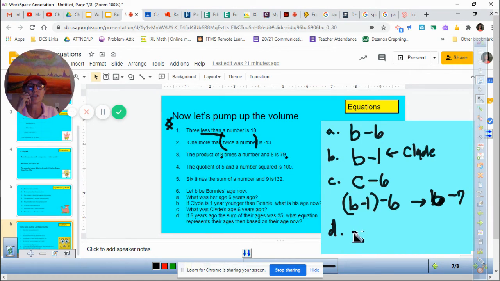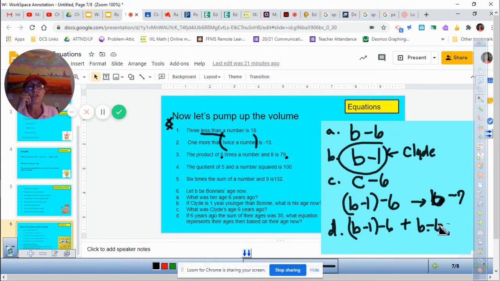Then let's get to D. 6 years ago, the sum of their ages was 35. Well, let's come back up here to B. Clyde is B minus 1. So let's write B minus 1 minus 6. That's how old Clyde was 6 years ago. Now we're going to add Bonnie's age 6 years ago, B minus 6.